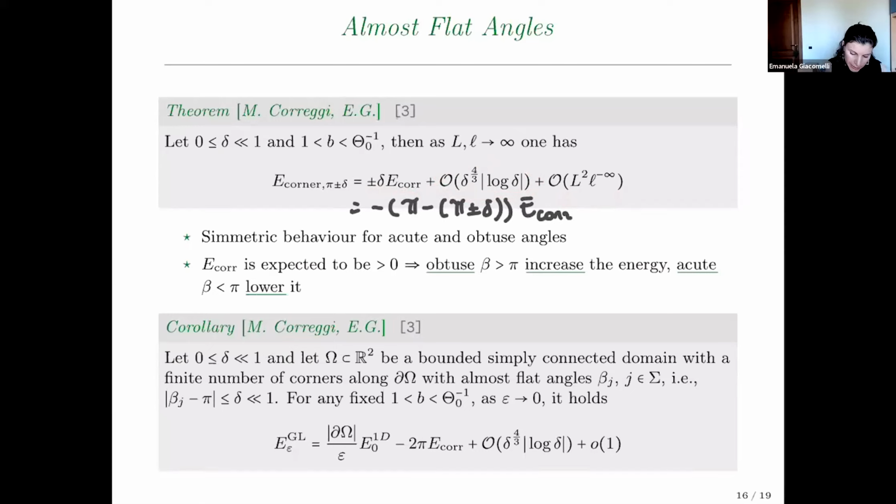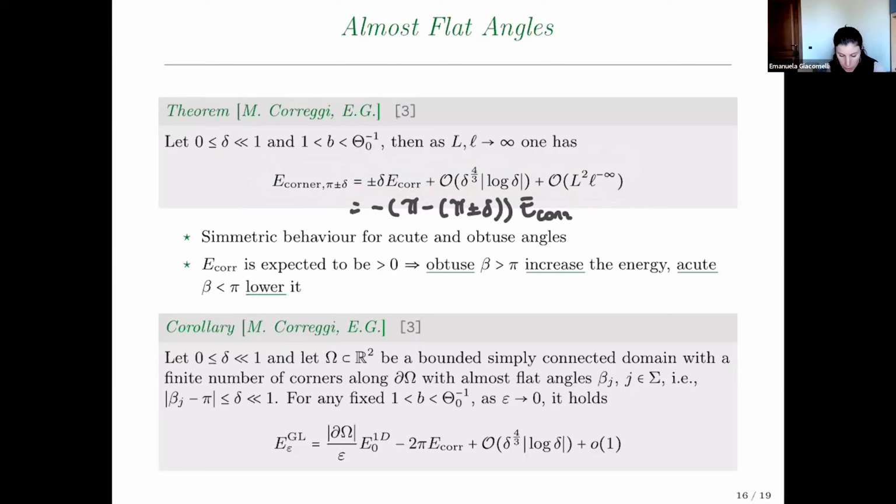Here I just want to say that what we proved for almost flat angles shows a big difference with respect to what is expected close to the third critical field, because it is expected in that case that corners whose opening angle is bigger than pi just give a constant contribution.